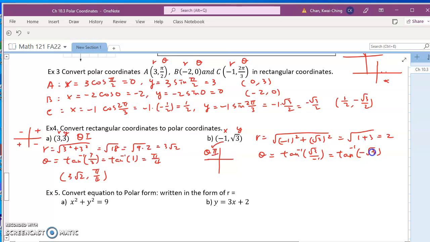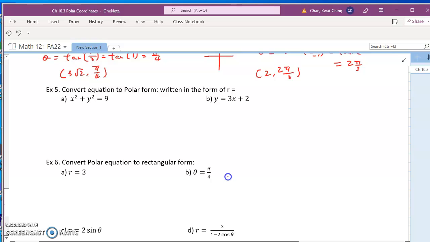Quadrant 2 that has a negative root 3 would be 2 pi over 3, right? So theta is equal to, look at your arctangent unit circle. Negative root 3 is in quadrant 2 as well as in quadrant 4. But because the actual point is in quadrant 2, we say 2 pi over 3. Okay, so our coordinate would be 2 comma 2 pi over 3.